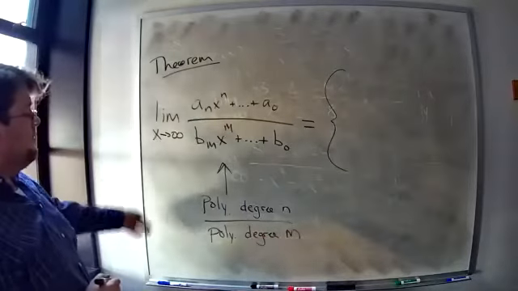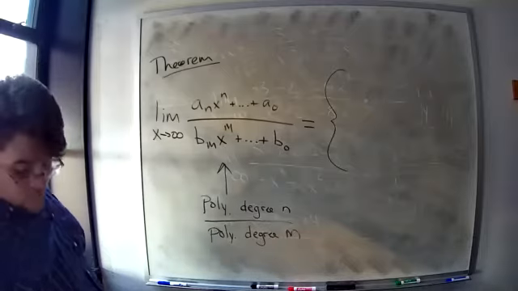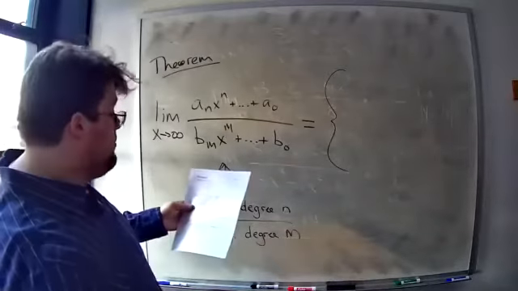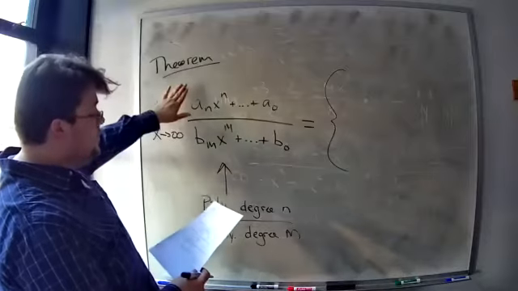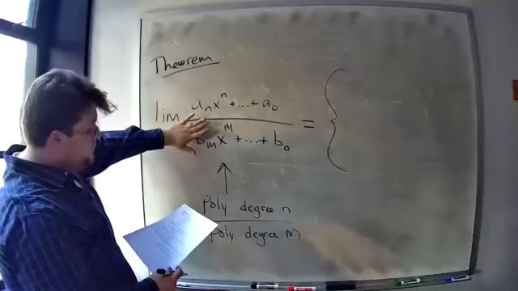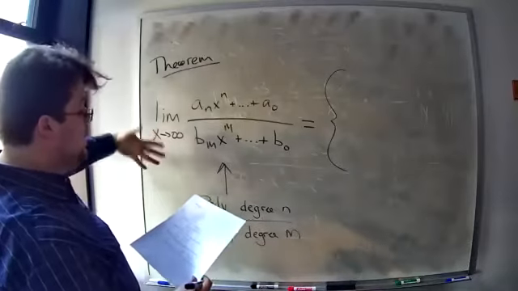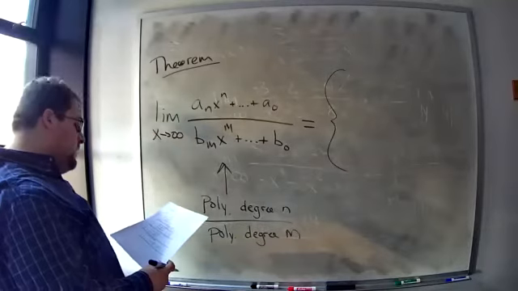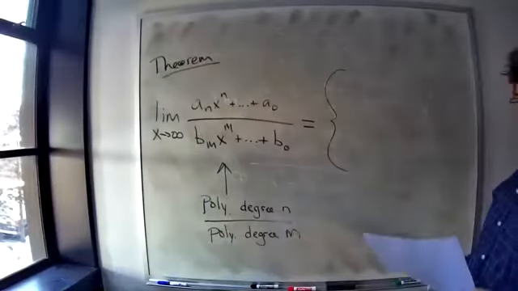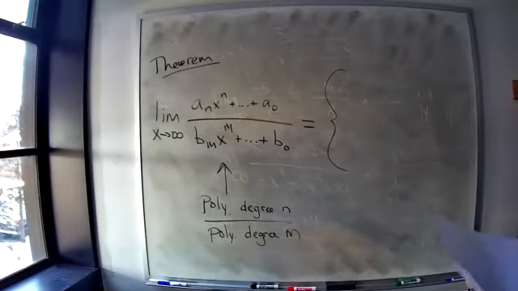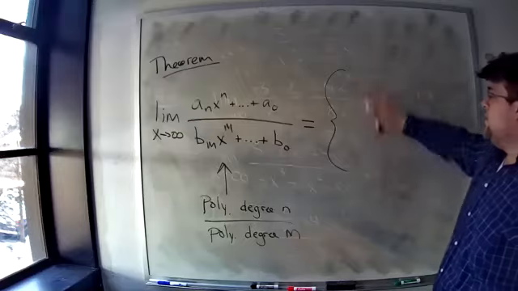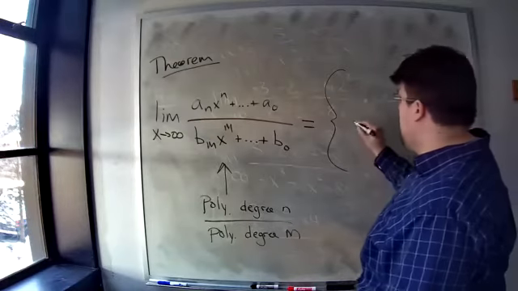So we're taking the limit of polynomial degree n over polynomial degree m. In particular for problem 1a, the largest exponent on top is 5, so that's degree 5 on top over degree 9, since the largest exponent on the bottom is 9. By taking a general rational function in this form, let's look at part A. In this piecewise equation, there are going to be three lines, and the first one I write will be the middle line.